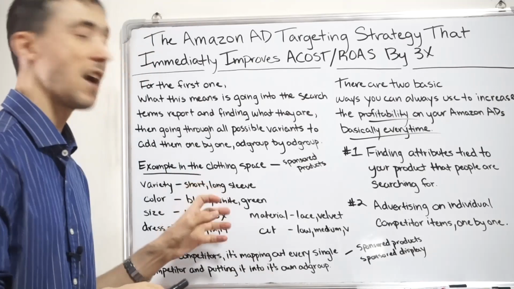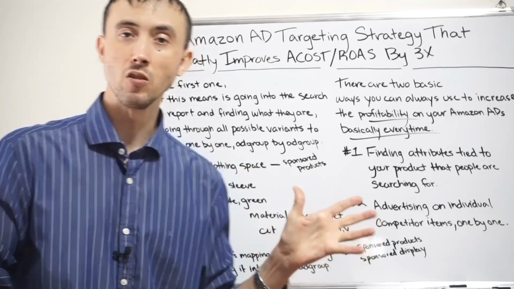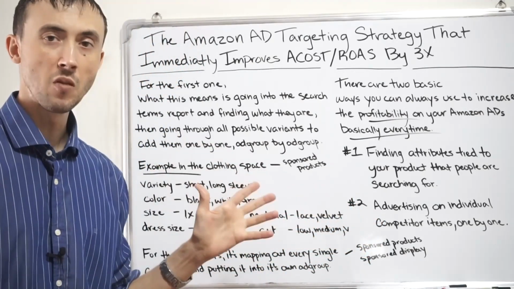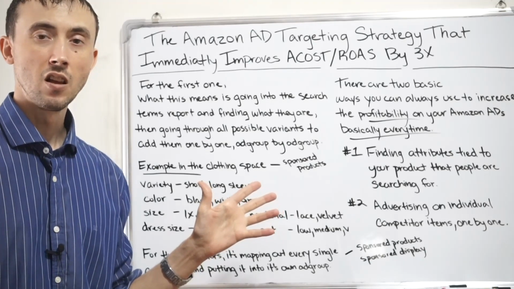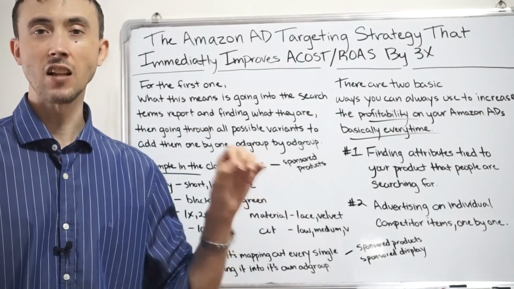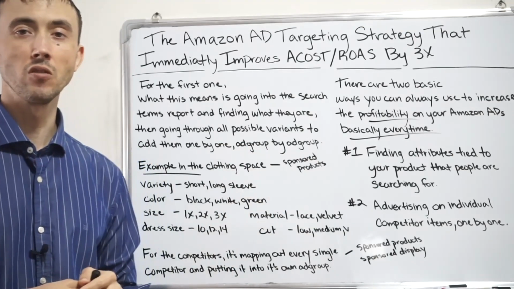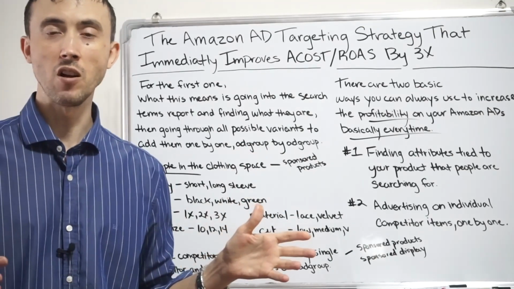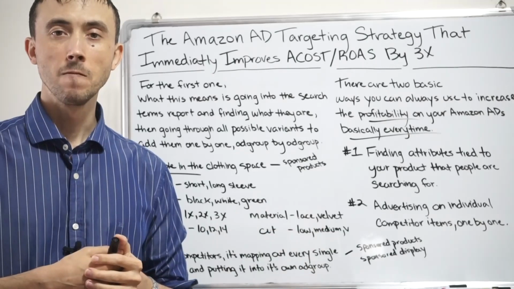Therefore, and this is logical, if you just think in the minds of the consumer, if you're searching for a specific item on Amazon and you had something that matched exactly what you were looking for at the top of the search results, you're going to click on that one, and you're going to get rewarded as such.